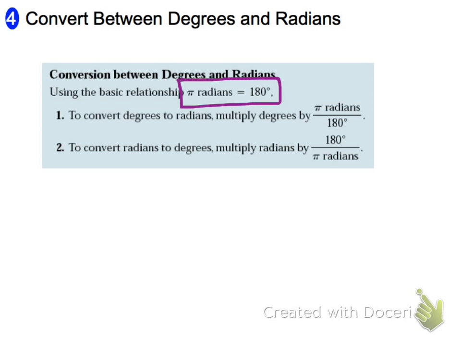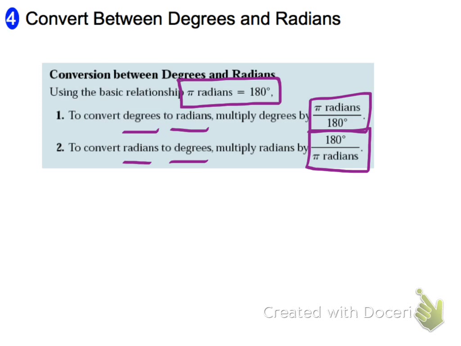So if I want to convert from degrees to radians, I'm going to multiply my degrees by pi over 180. If I want to go the other way, we're going to multiply by 180 over pi. We're just going to use these ratios. Remember, pi and 180 are the same thing. The way I like to think about it is that if my starting value is in degrees, I want to get a pi in there, so that's why pi is on the top.